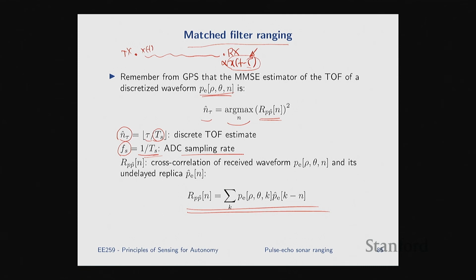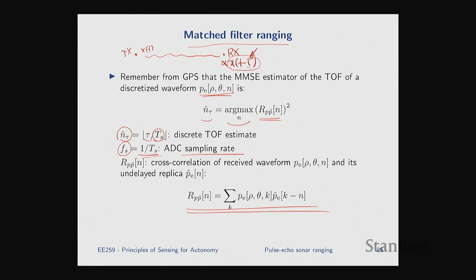Now, this works much better than a simple threshold-based detector. Of course, it needs more complex processing, but it's a filter. These days, even a tiny microprocessor can handle these types of calculations.